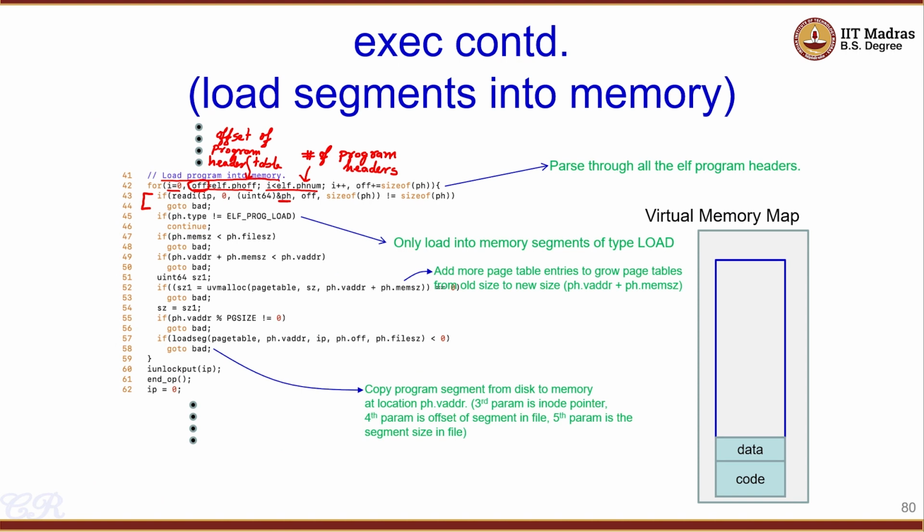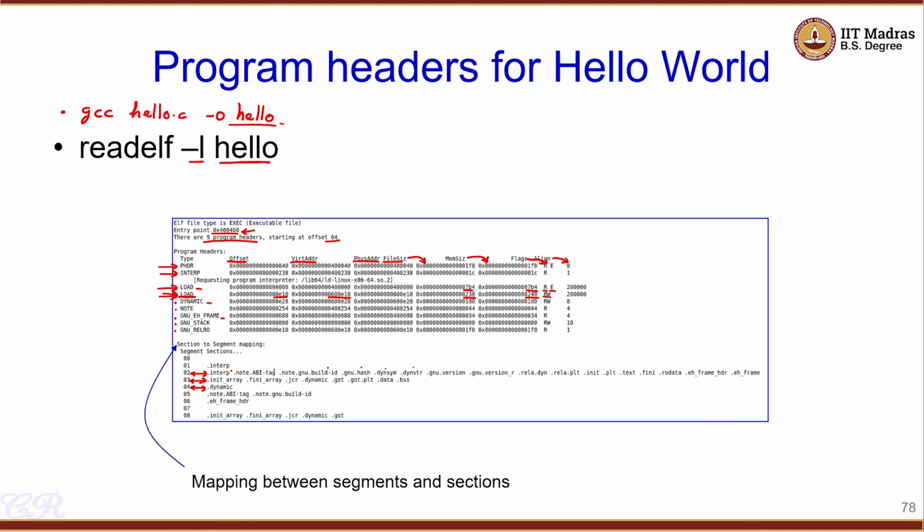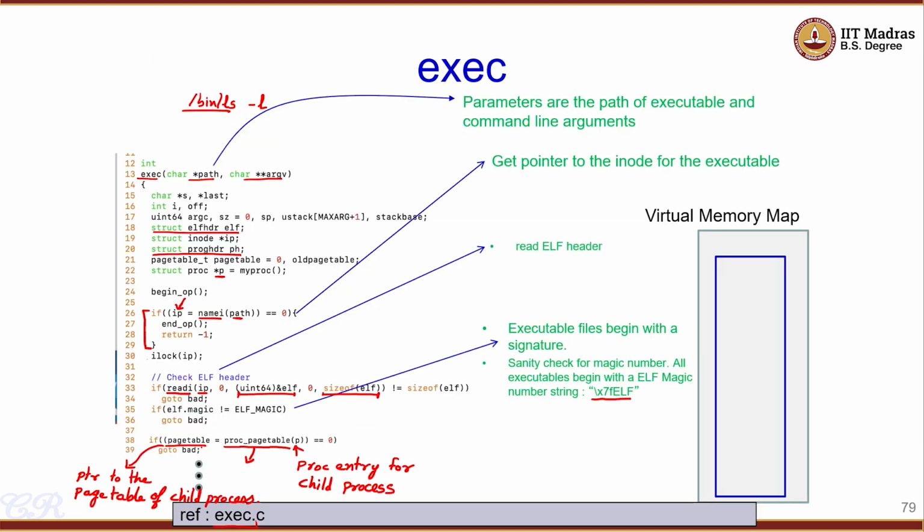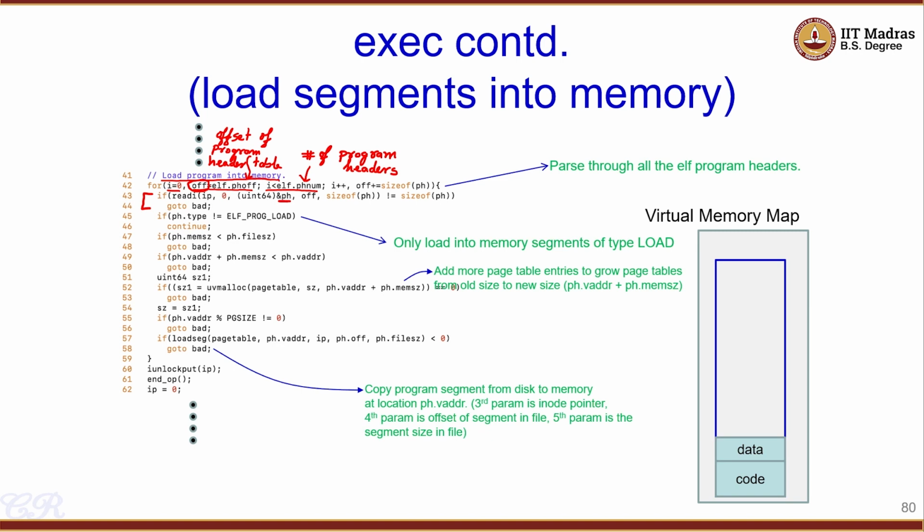Okay. And so now we do a couple of checks and load the segment into the virtual memory map, virtual address space of the child process if it is needed, right. So let's see what are the checks that are done. We have first of all loaded a row into the structure ph, and then we are essentially seeing if the type for that program header is of type elf program load.